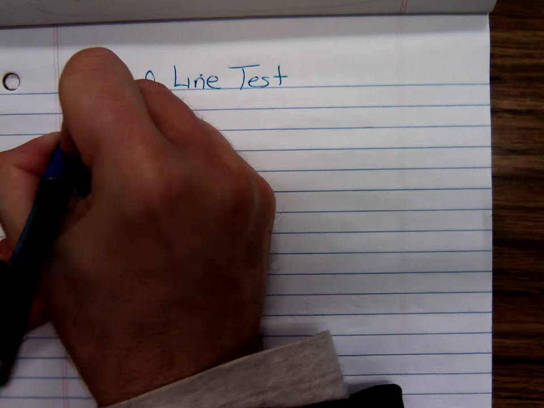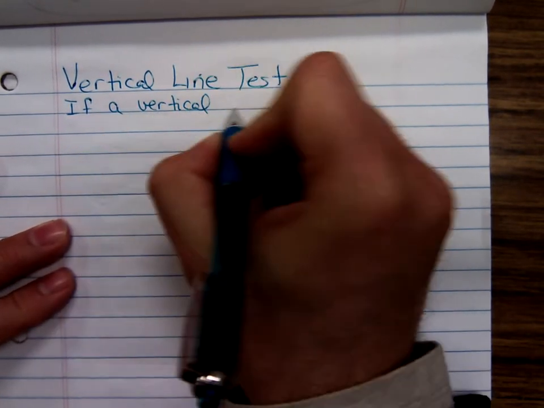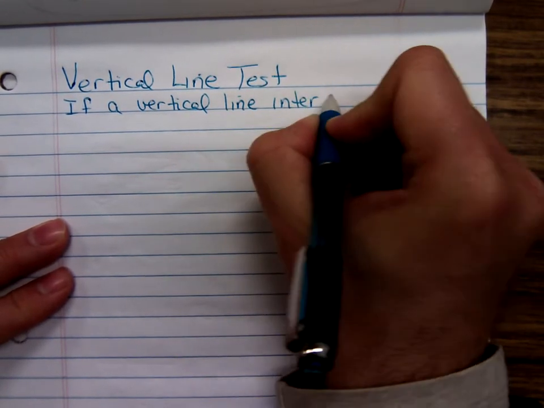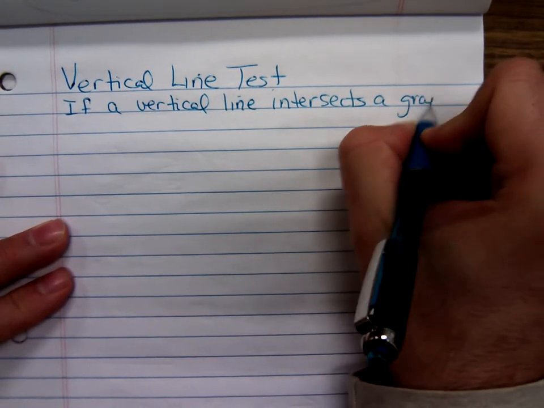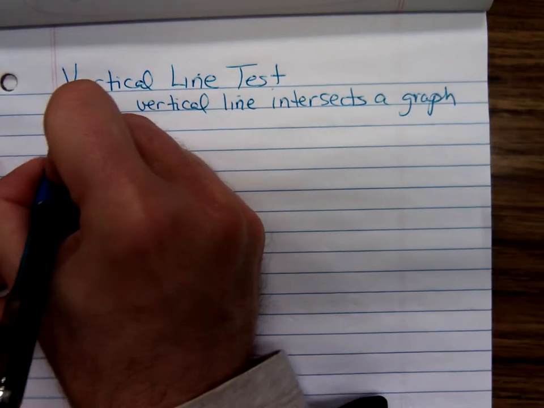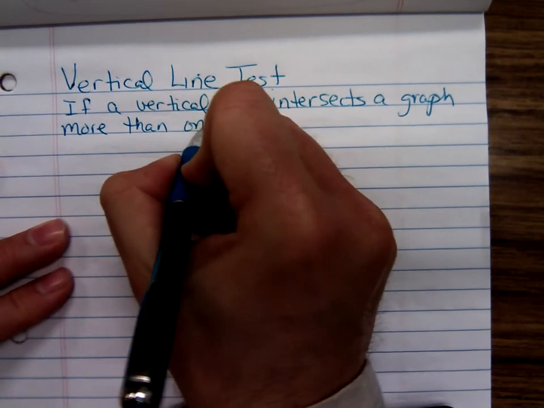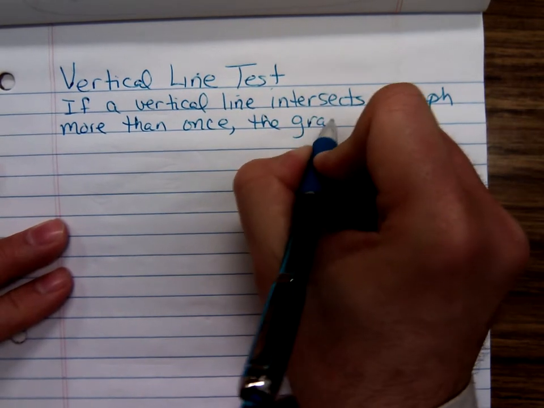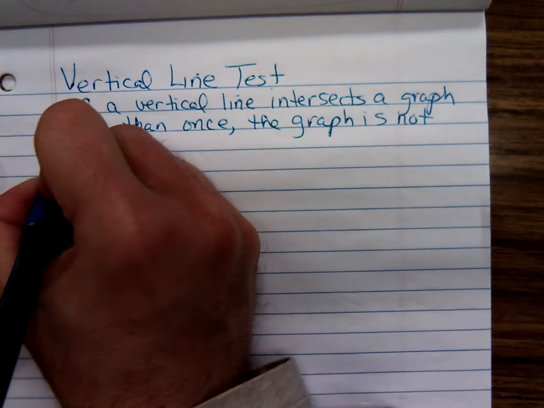If a vertical line intersects a graph more than once, the graph is not a function.